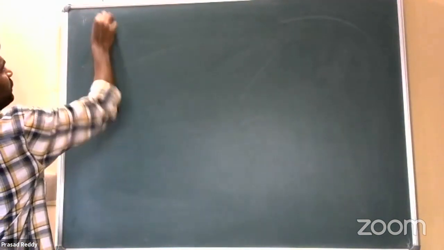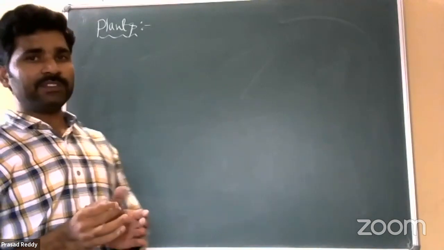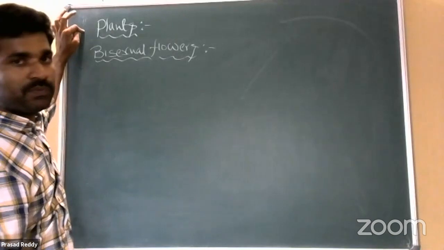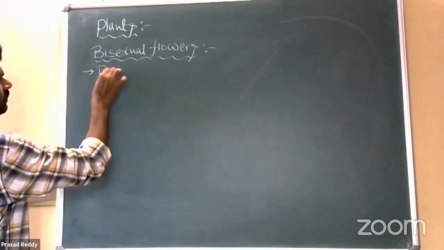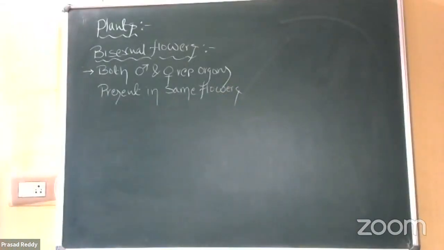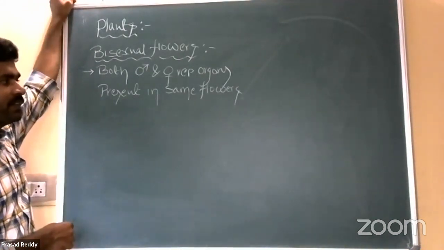See, in some plants, both male and female reproductive organs located on the same flower are called bisexual flowers. Male and female reproductive organs located on the same flower are called bisexual flowers.